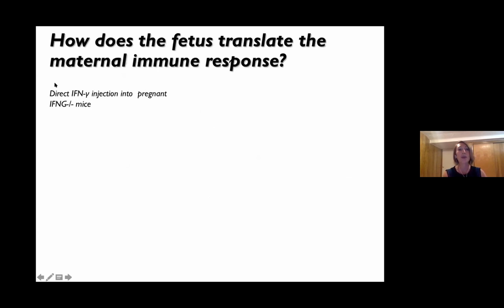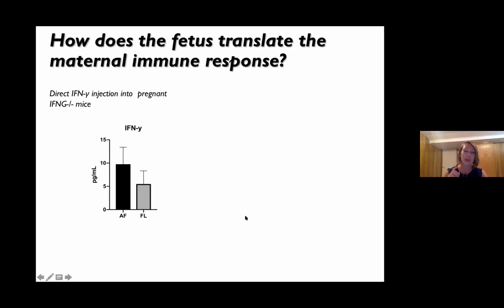One experiment that April did that I thought was really cool and really basic is that she took interferon gamma knockout mice, so both the mom and the pups are completely deficient in interferon gamma, and she did a direct injection of interferon gamma into these pregnant mice and looked at what was found on the fetal side. Both in the amniotic fluid and in the fetal liver, we could detect interferon gamma, suggesting that maternal interferon gamma is capable of crossing the placenta, which, you'd be surprised, how little we know about what cytokines cross the placenta during development.